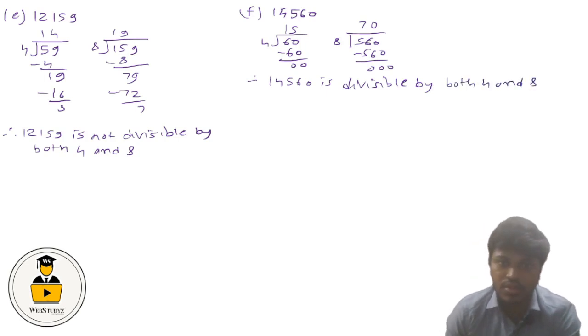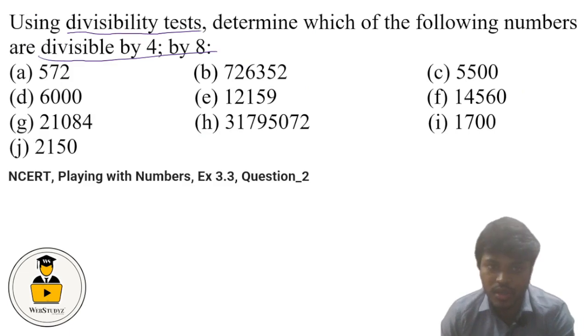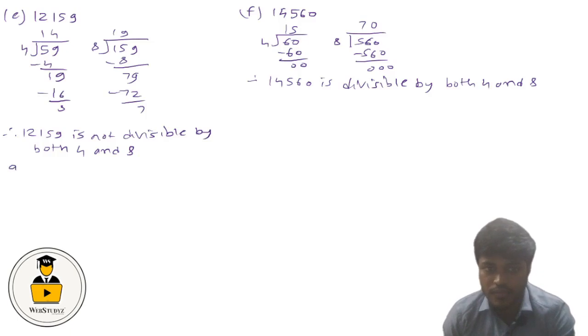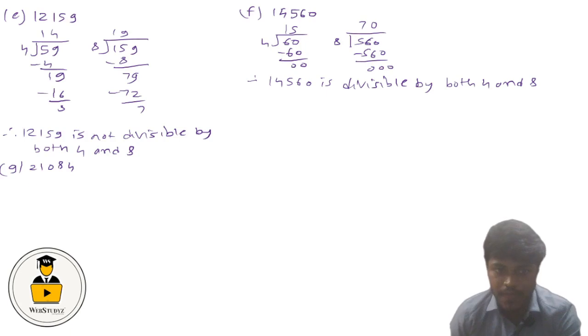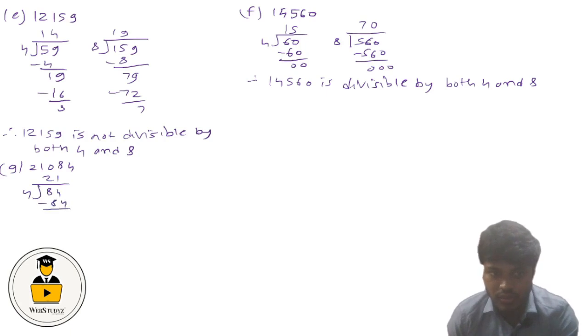Now consider the next. It is 21,084. Now for 4, the last two digits are 84, so it is divisible by 4. Then for 8 we will take the last three digits, so it is 084, so we can write it as 84.